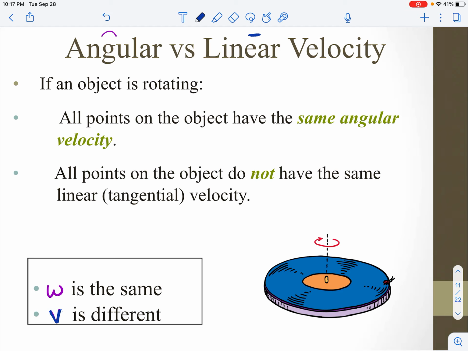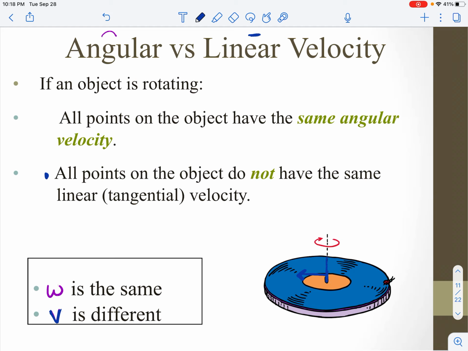And so it says here that all points on the object do not have the same tangent or linear velocity. If I remember that the linear velocity is dependent upon the distance from the center of the circle, aka the radius, objects that are traveling in a small circle will have some velocity.